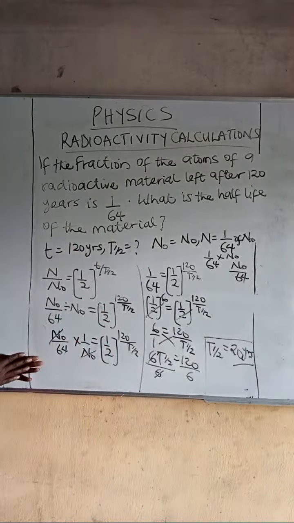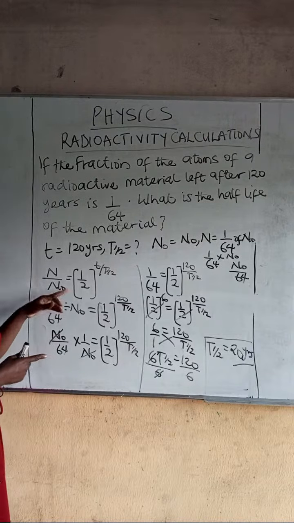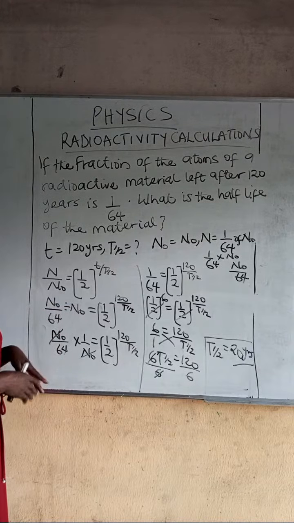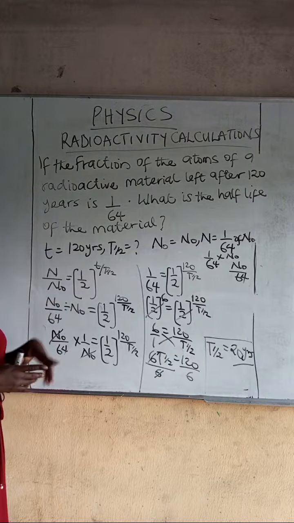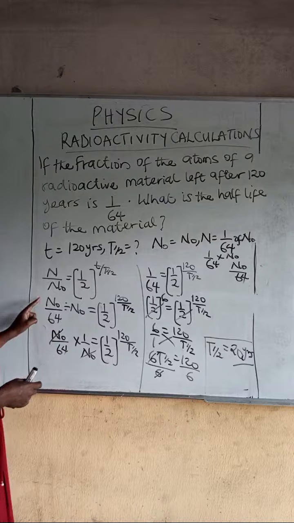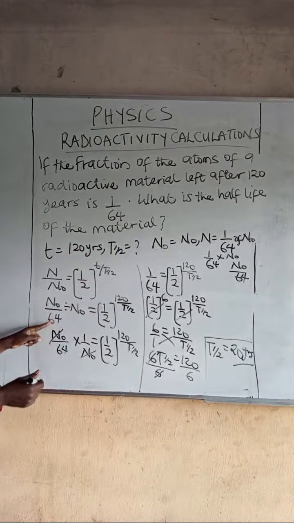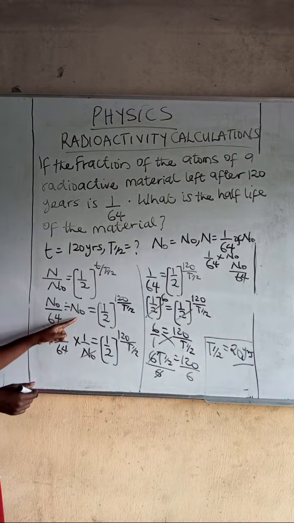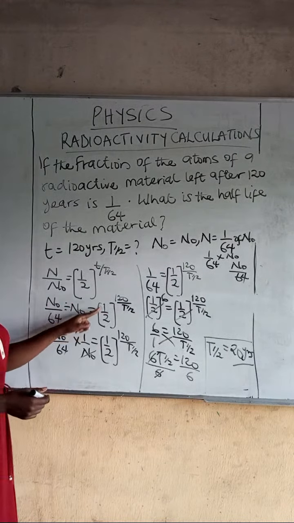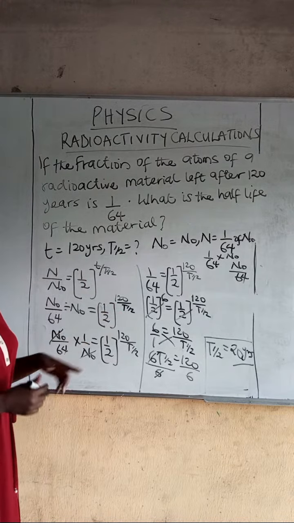Now I'm coming to the formula. I have my formula as N over N naught is equal to 1 over 2 raised to the power of t over t half. So what is my N? My N is N naught over 64, divided by N naught, and it's equal to 1 over 2 raised to the power of 120 over t half.